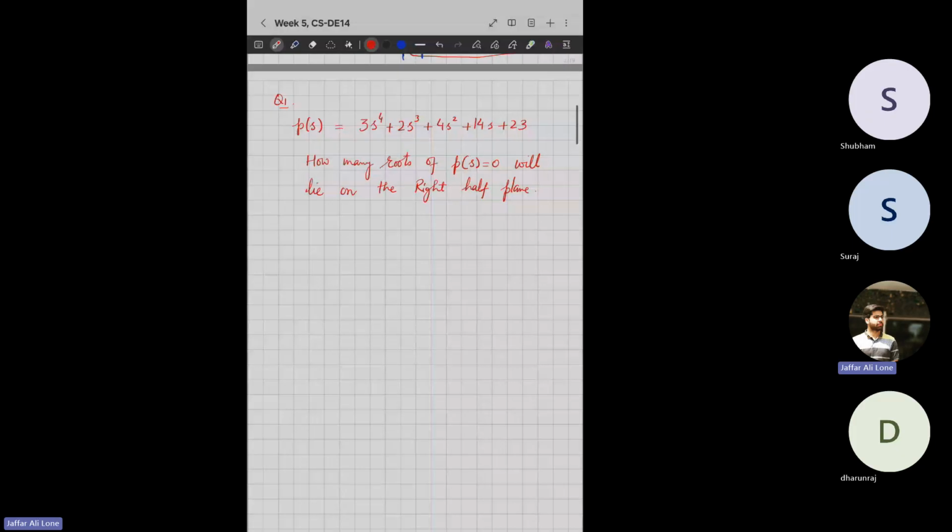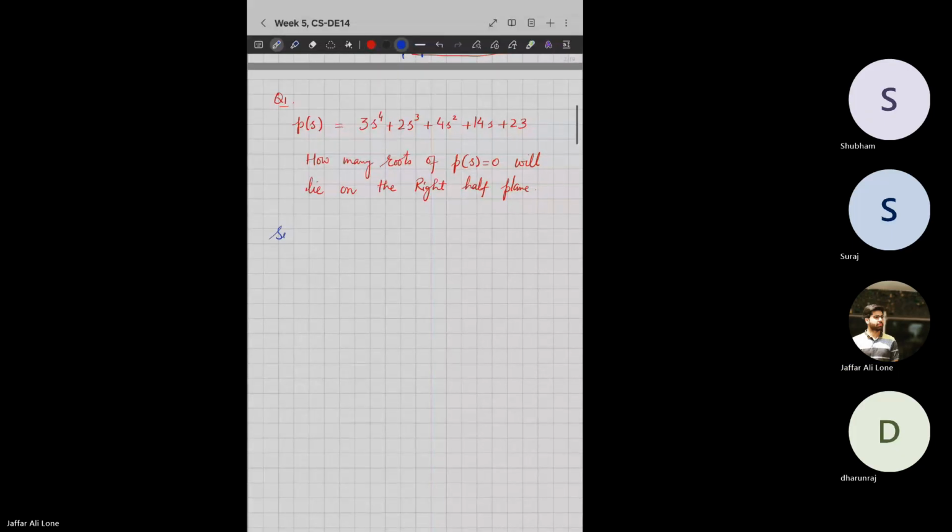Now see, if you have a second order system, it's easy to find the roots. You have the quadratic formula, you have other methods, splitting the middle term, etc. But basically for this question, you have to solve the equation and find the roots.